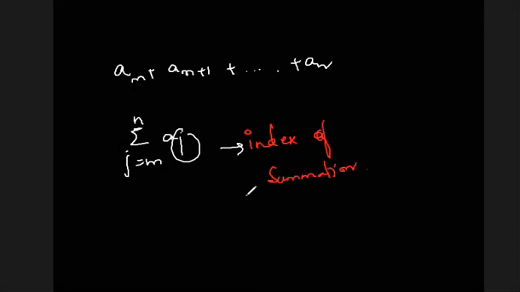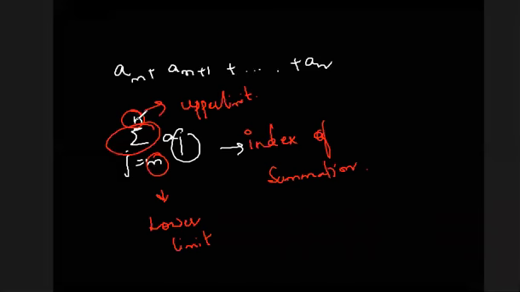Also, m is the lower limit while n is the upper limit. A large uppercase Greek letter sigma is used to denote the summation. So this is the Greek letter sigma.